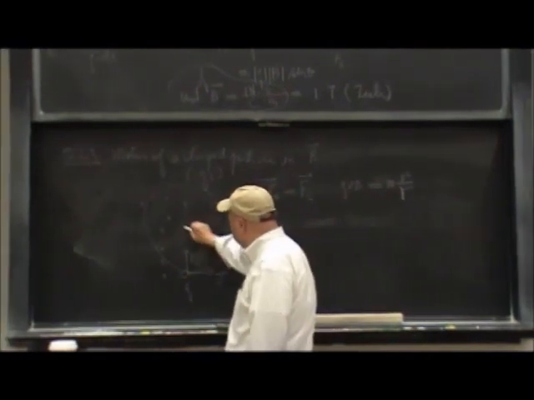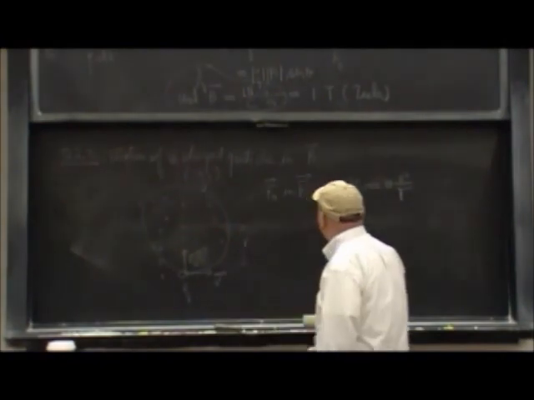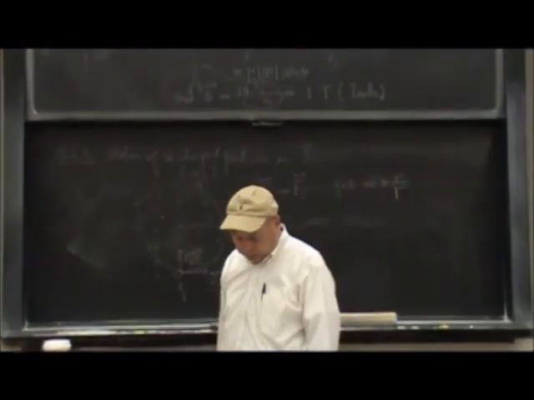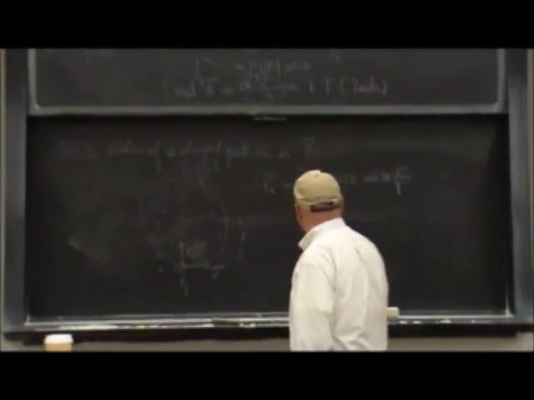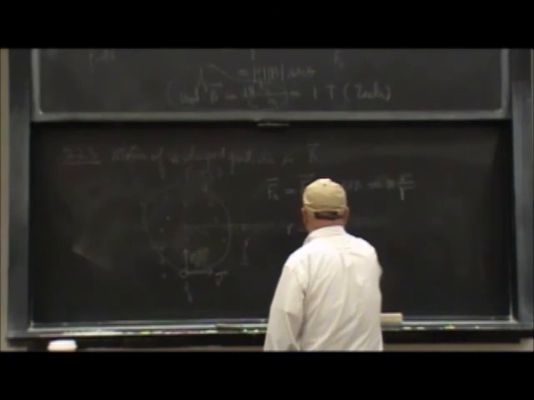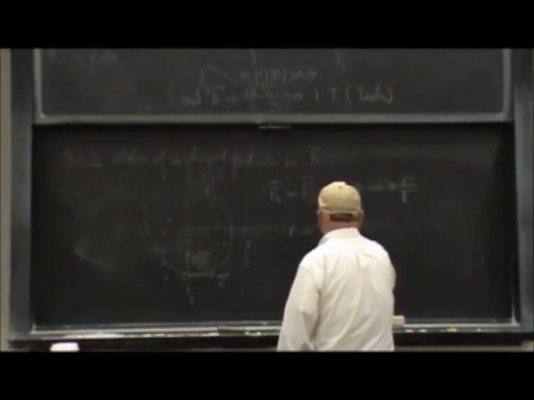So right here, we call it r. Because of this, we can do a lot of things. Then we have r equal to mv divided by qB.